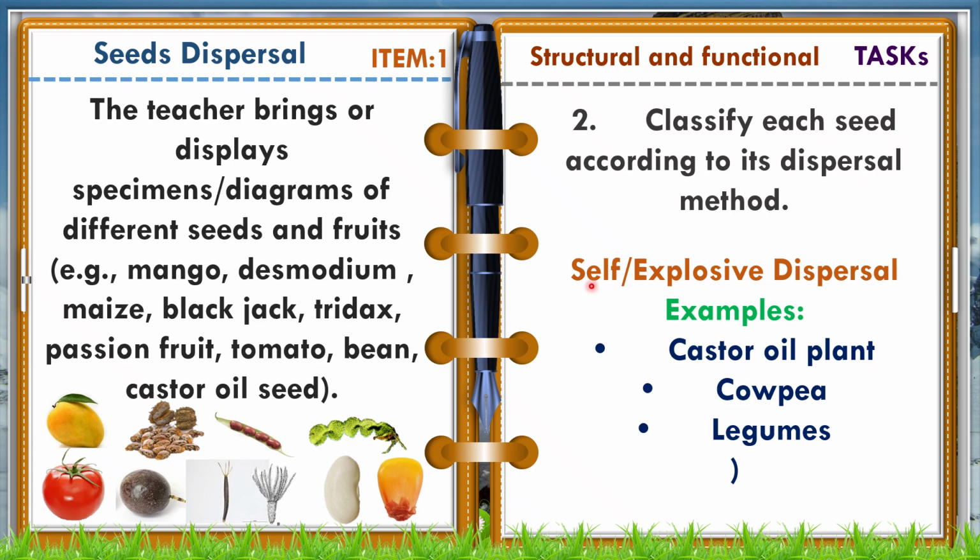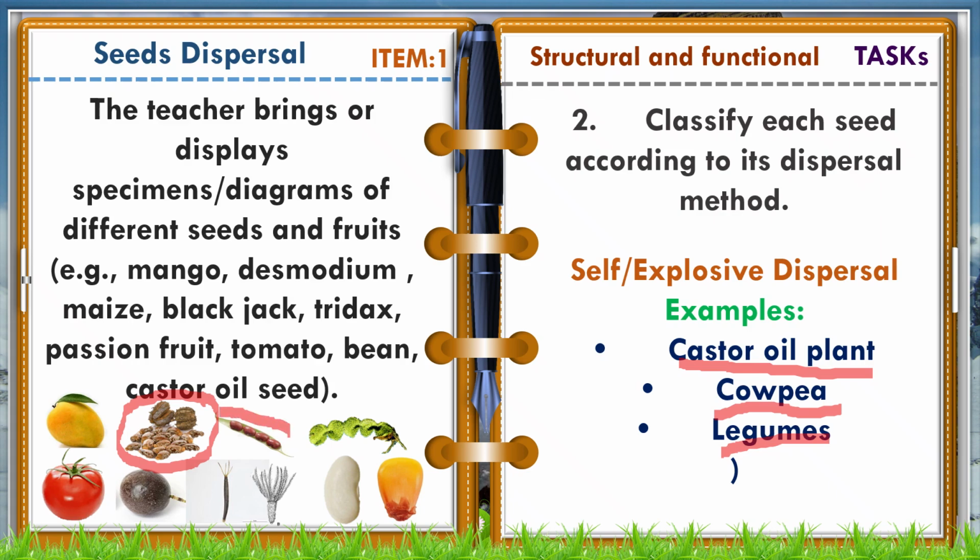Now let us go to self, or what we call explosive dispersal. Examples of those that are dispersed by explosion, we have castor oil plants, we have the cowpea, we have the legume. Castor oil is dispersed by explosive dispersal.